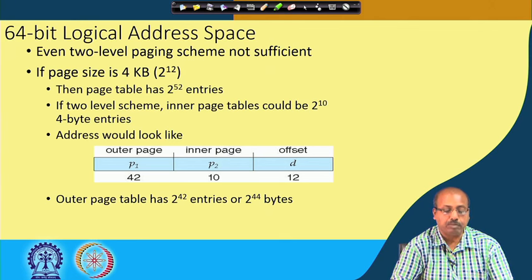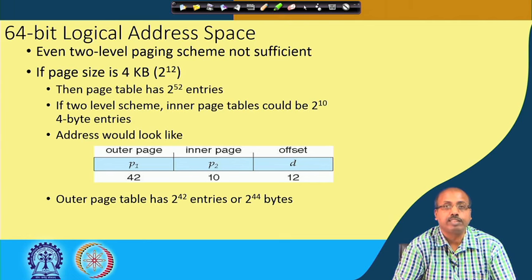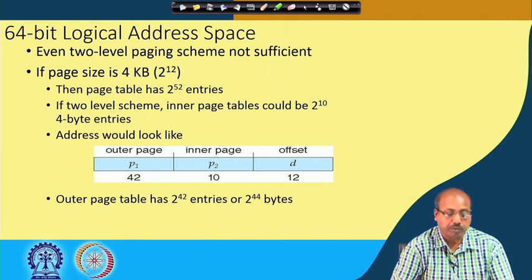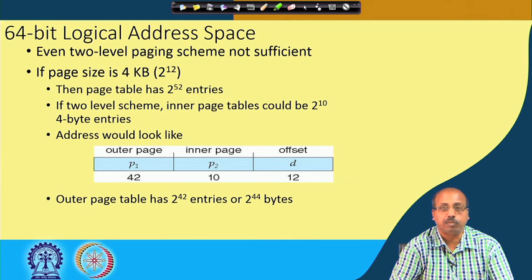Then the outer page table will have 42 bits to identify a particular inner page table. So, the outer page table size is 2 power 42, which is a very important problem that has to be solved. There are 2 power 42 entries, and each entry is 4 byte, so a total of 2 power 44 bytes will be needed just to store the outer page table.